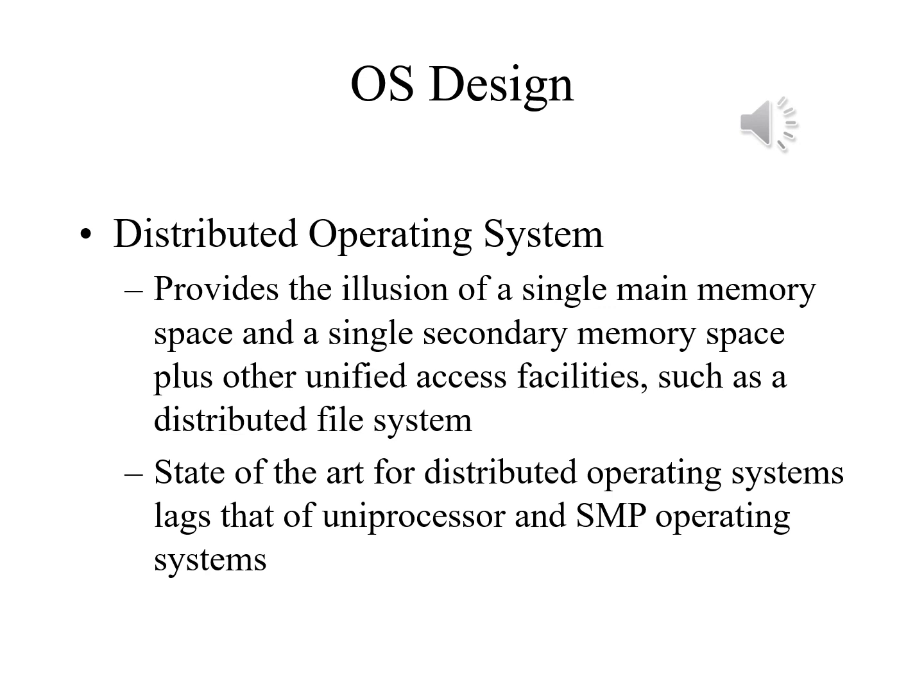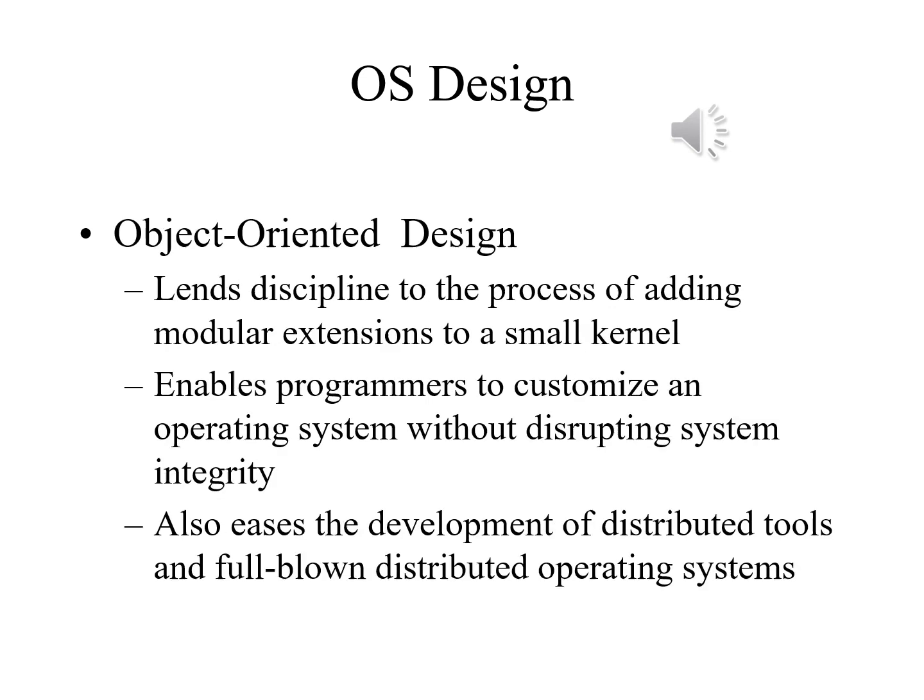A distributed operating system provides the illusion of a single main memory space and a single secondary memory space, plus other unified access facilities, such as a distributed file system. Although clusters are becoming increasingly popular and there are many cluster products on the market, the state of the art for distributed operating systems lags that of uniprocessor and SMP operating systems.